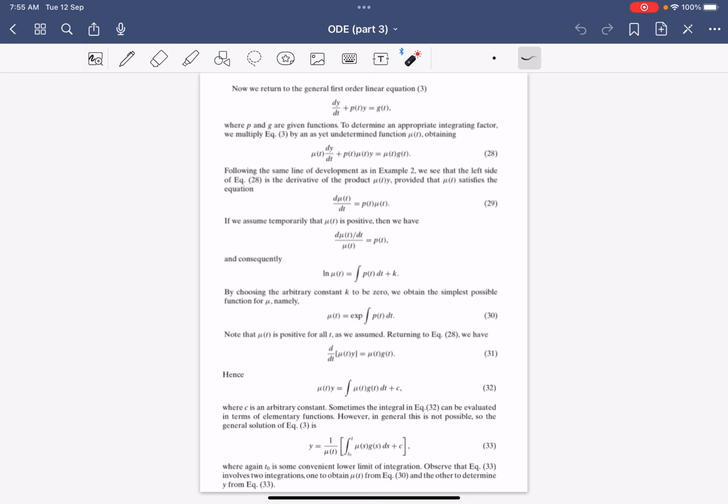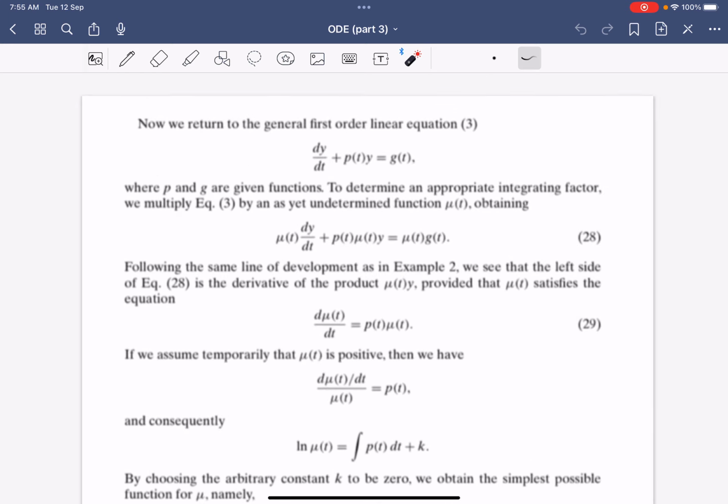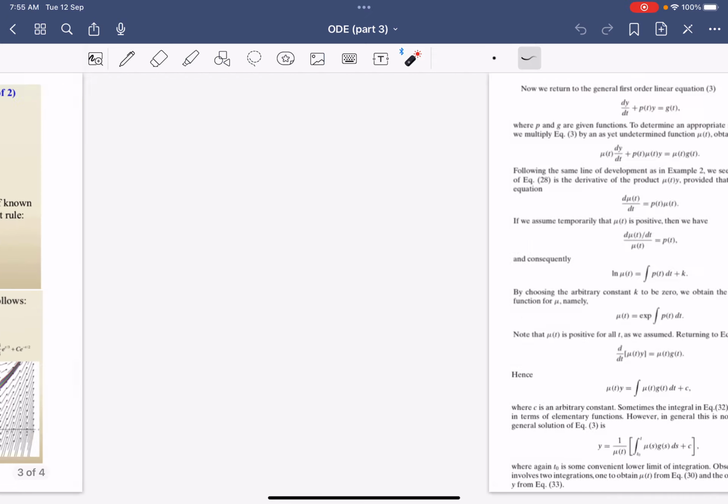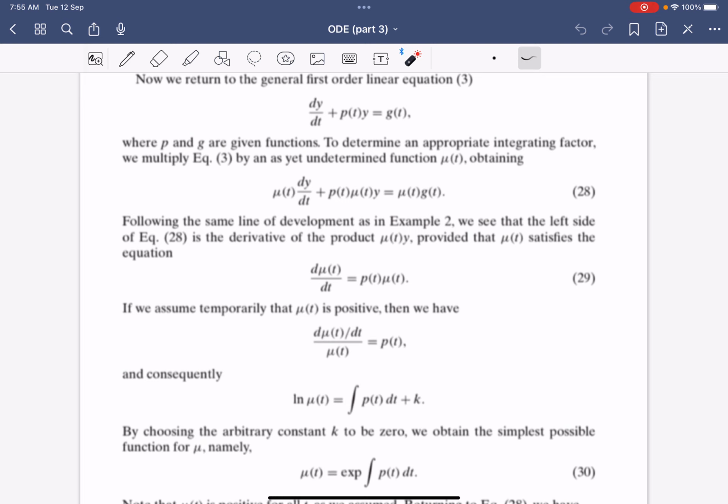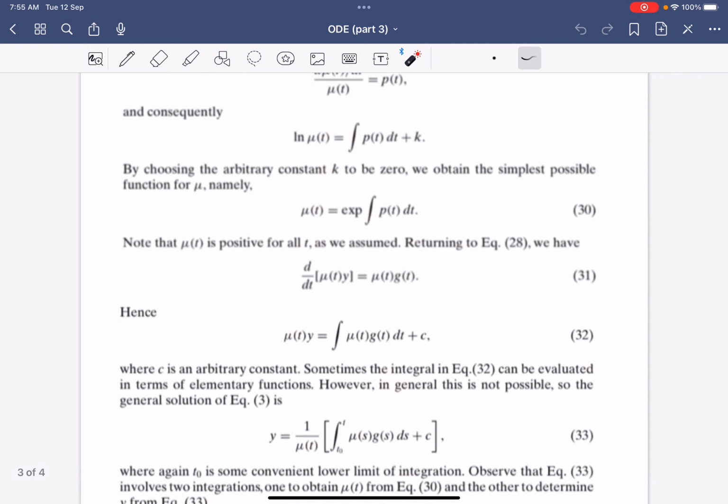In general, if we have a general first order linear equation, then we want to determine an appropriate integrating factor. We just multiply this mu throughout, and the idea is to always get a single derivative in the end.